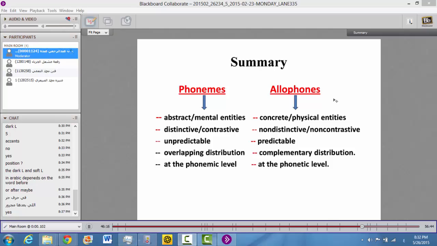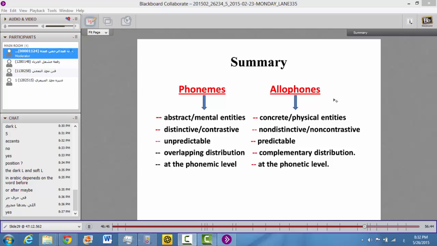Phonemes are unpredictable. Why are they unpredictable? Because they occur in the same position. They have identical distribution. Whereas the allophones are predictable because they occur in different environments. So the phonemes are unpredictable, they occur in the same position, and they are in overlapping distribution.